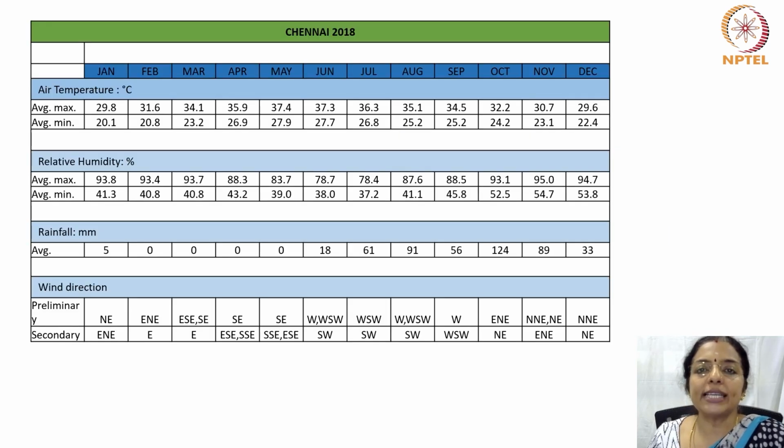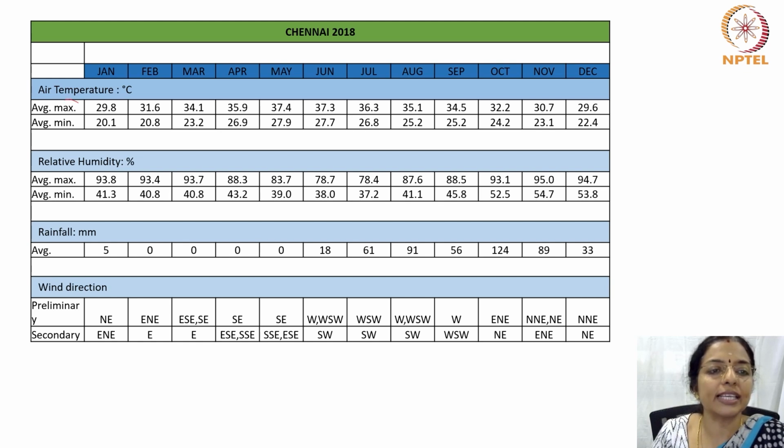So for this demonstration, we will be using the climate data for Chennai city, which is the state capital of Tamil Nadu in India. It has a warm and humid climate, and the climate parameters required for Mahoney's tables are monthly average minimum and maximum air temperature.